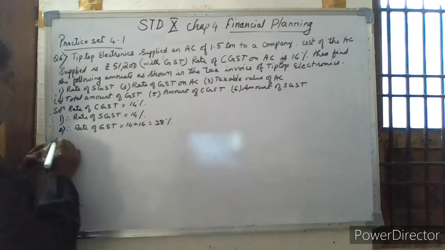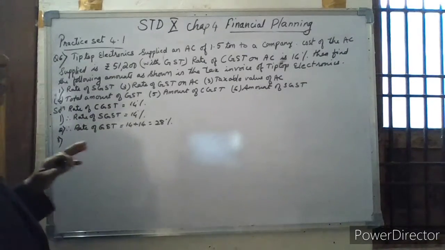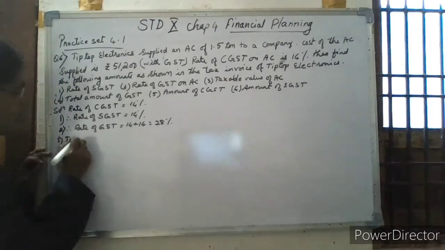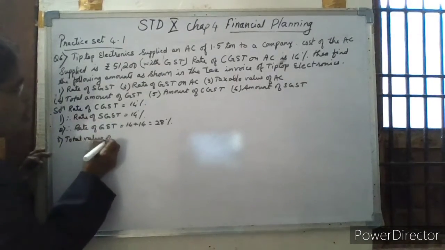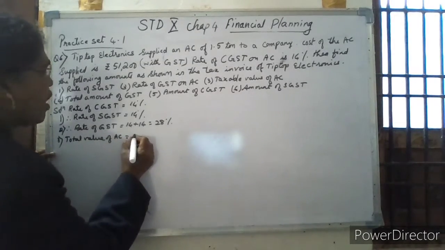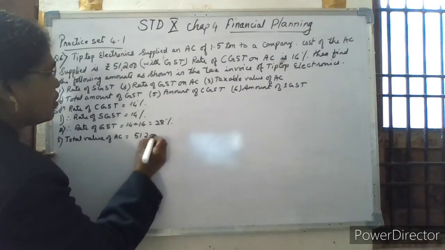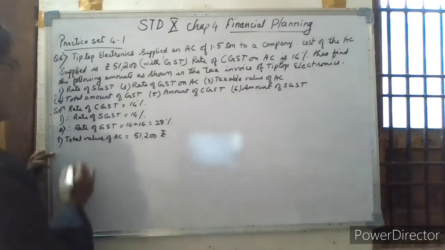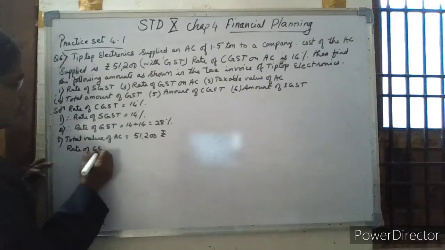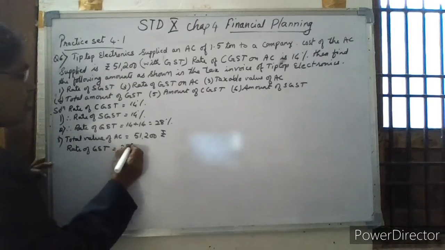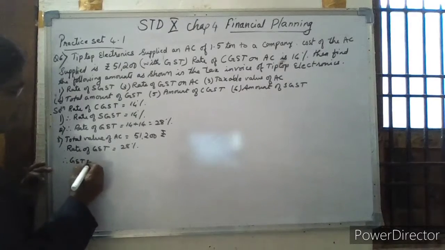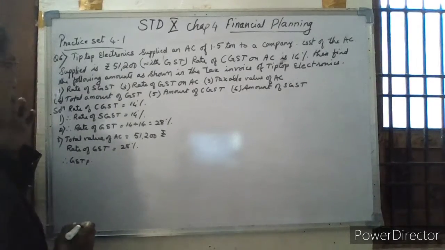For this third question, total value is given. Total value of AC is equal to 51,200 rupees. Rate of GST is equal to 28%. Therefore GST paid.